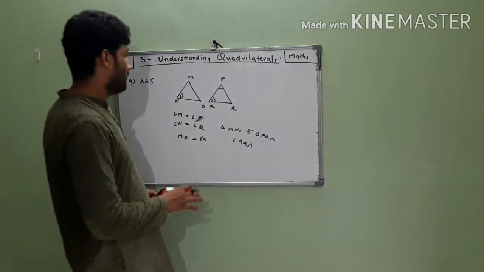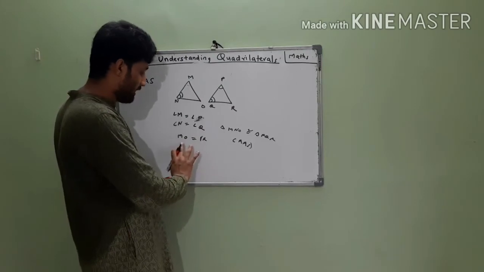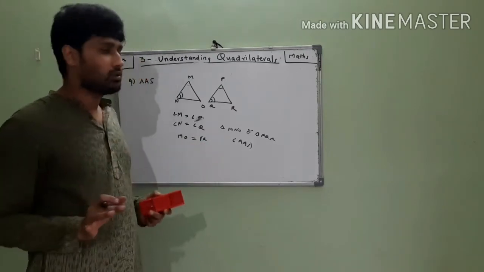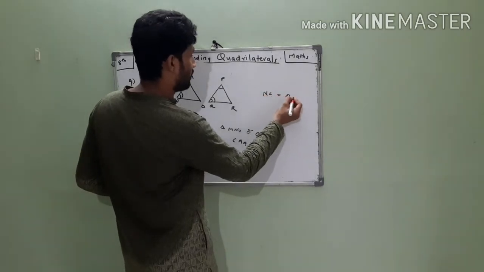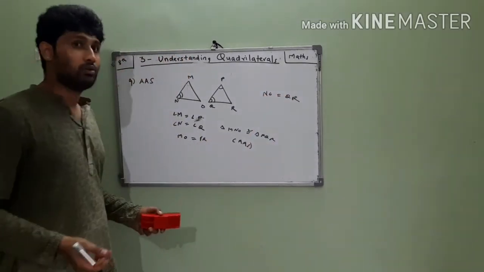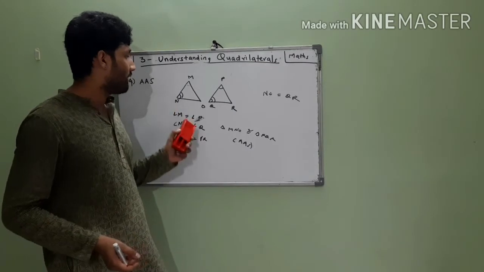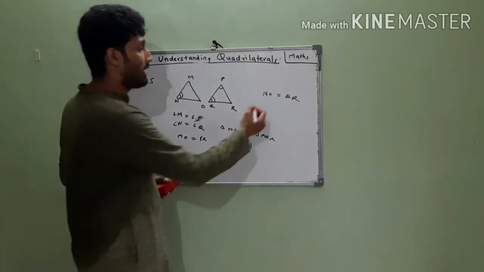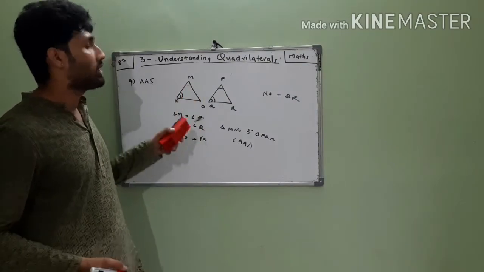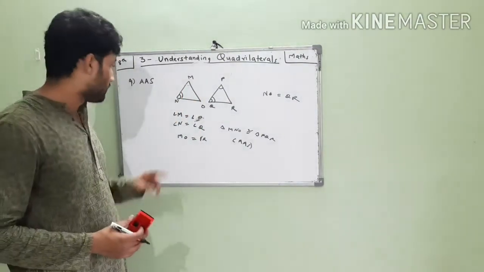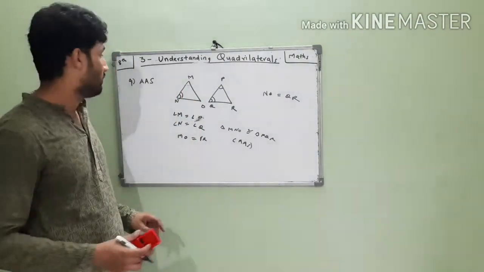If instead of MO equal to PR, I am given NO equal to QR, then also using the angle angle side postulate, I can say that triangle MNO and triangle PQR are congruent. So this is the fourth postulate.